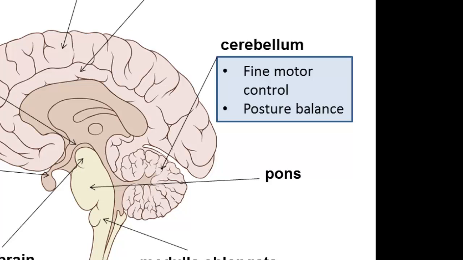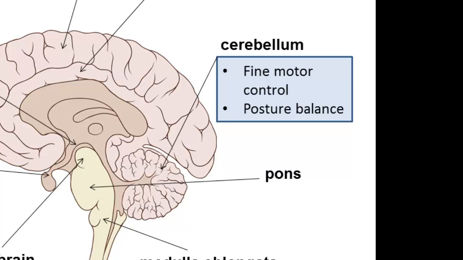Injury to this part of the brain results in individuals having poor balance as well as uncoordinated motor activity. They're able to walk, they're able to contract muscles, but they do it in an uncoordinated way, and they look like they walk with kind of a stagger.